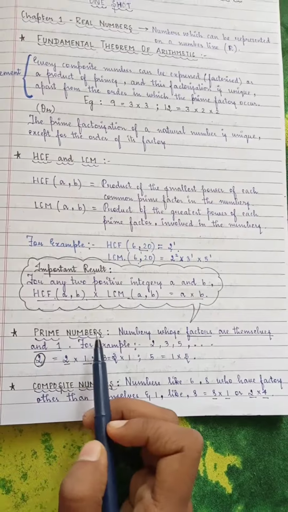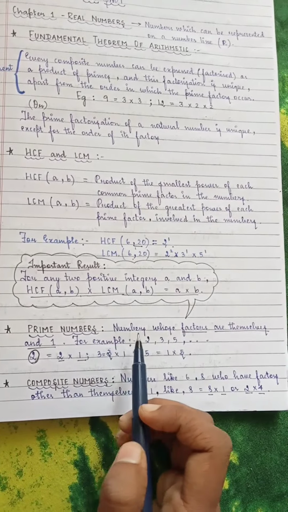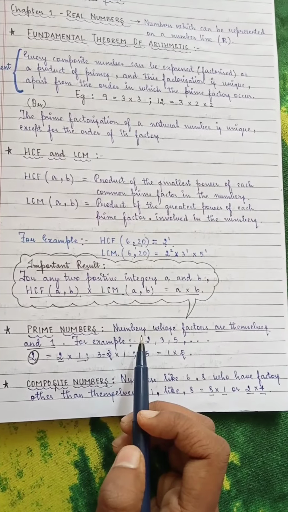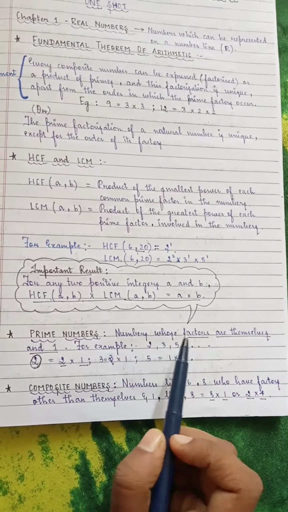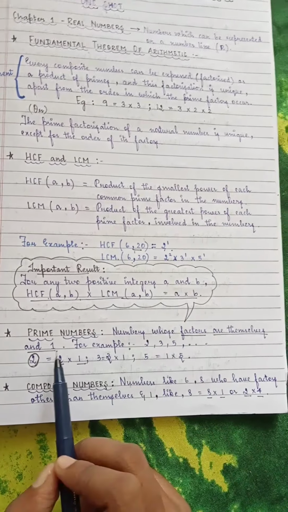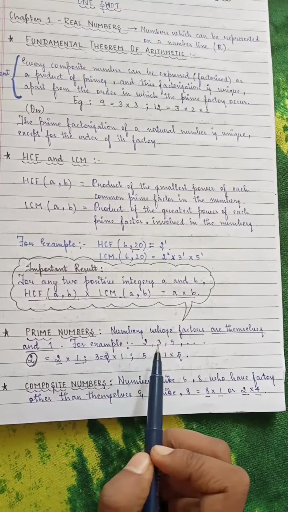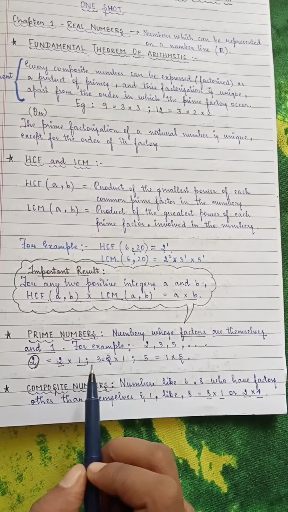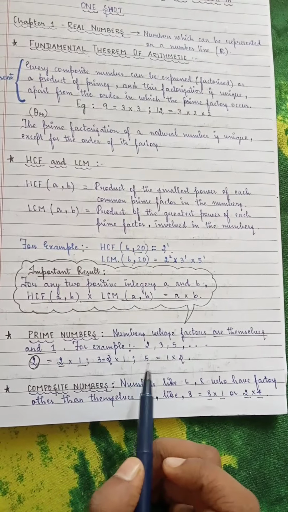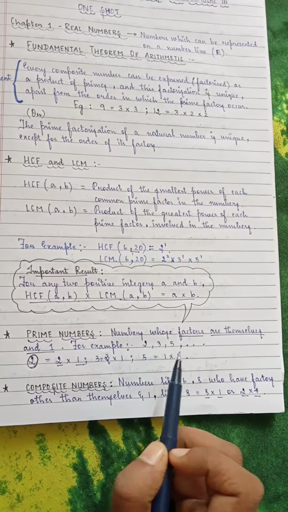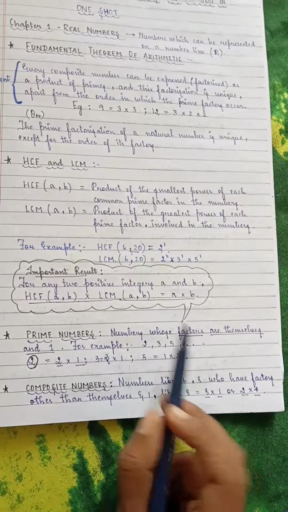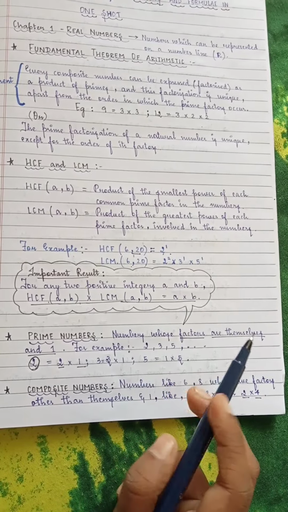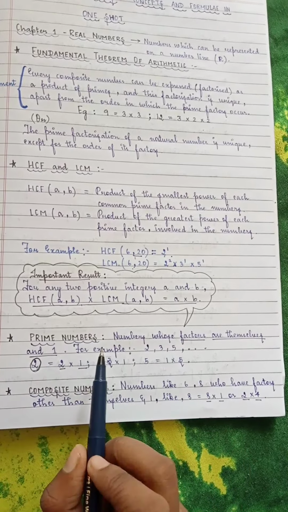Next, we know what prime numbers are, even though I have mentioned it here. Numbers whose factors are only themselves and 1. For example, if we take 2, 3, 5, we can write 2 as 2 times 1, 3 as 3 into 1, 5 as 5 into 1. No other factors are possible. Such numbers are called prime numbers.